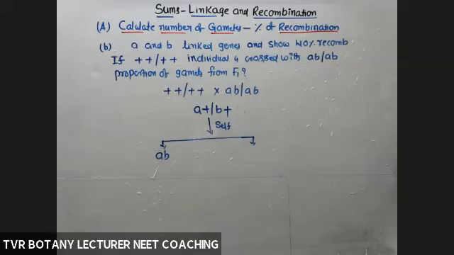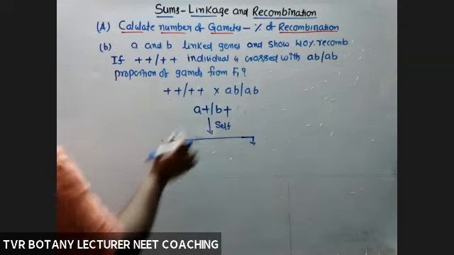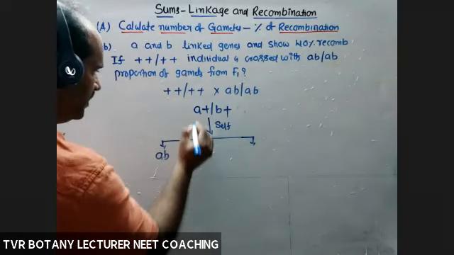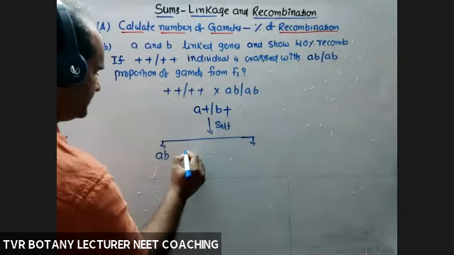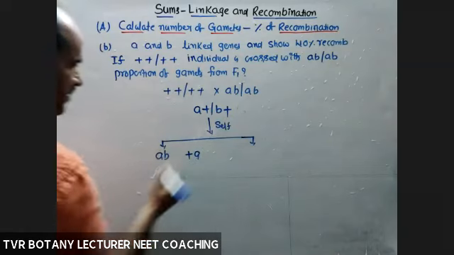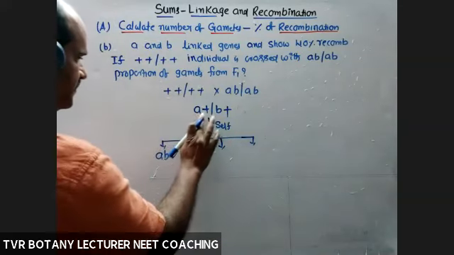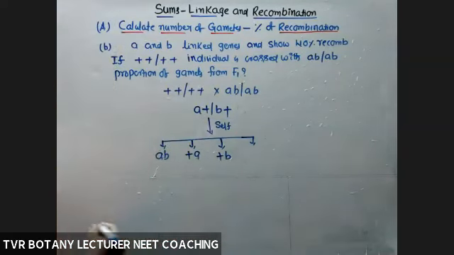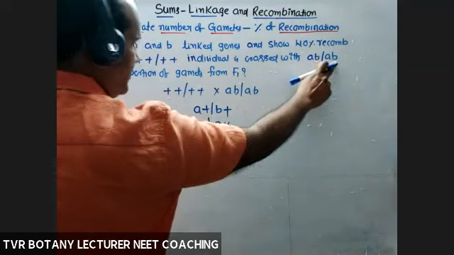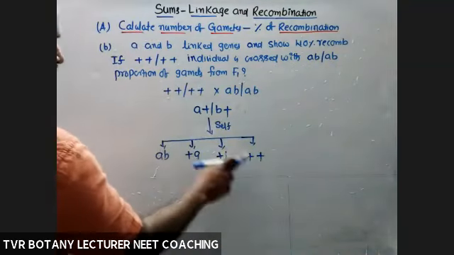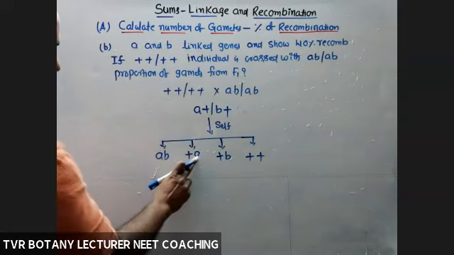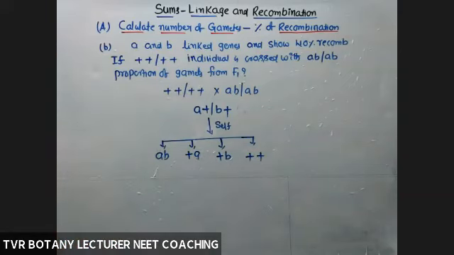Next, plus B plus A or A plus, recombinant gametes. Next, plus B, next plus plus. Go back. From this one A and B, parental gametes. From this one plus plus, parental gamete. And what about plus A, plus B? Recombinant gametes.